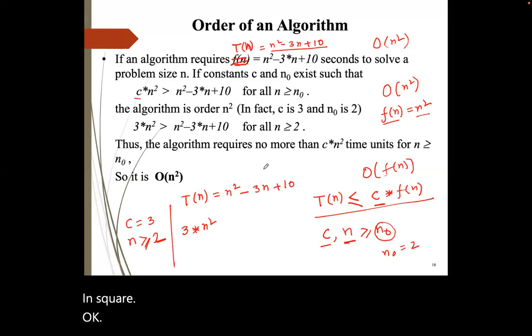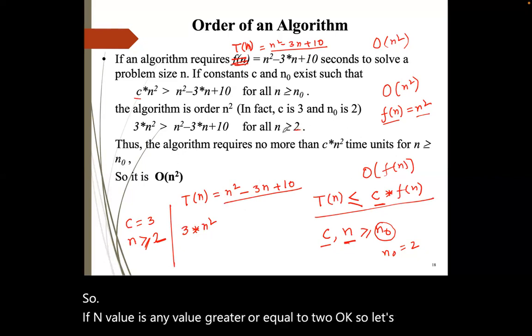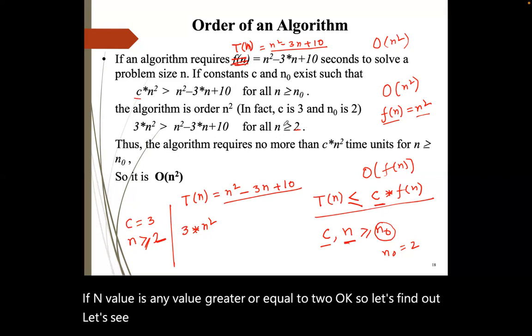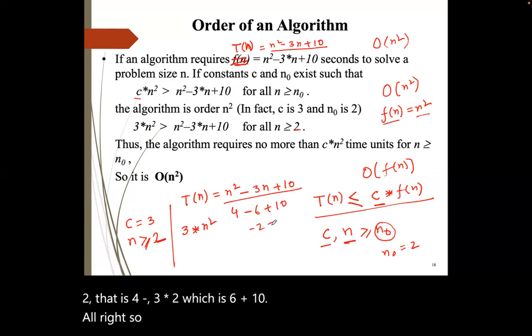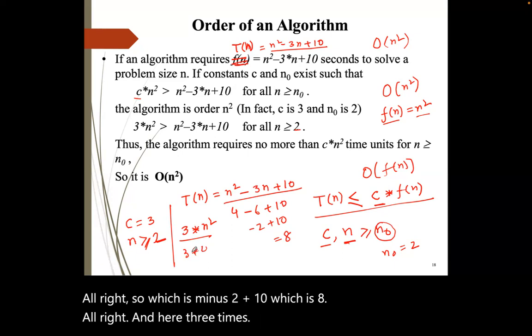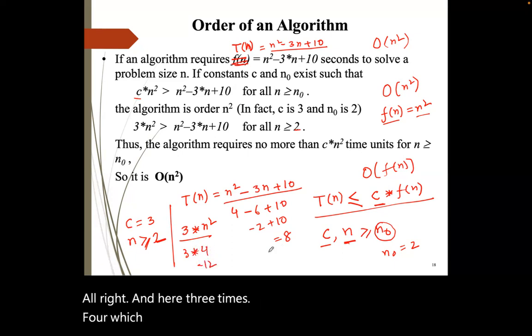So if n is any value greater than or equal to 2, let's see n equals 2. Then that is 4 minus 3 times 2, which is 6, plus 10, so minus 2 plus 10, which is 8. And here 3 times 4 is 12.